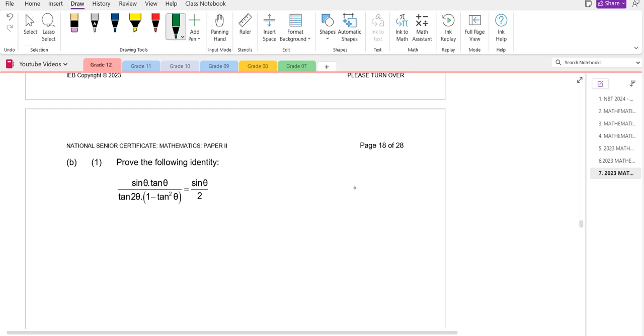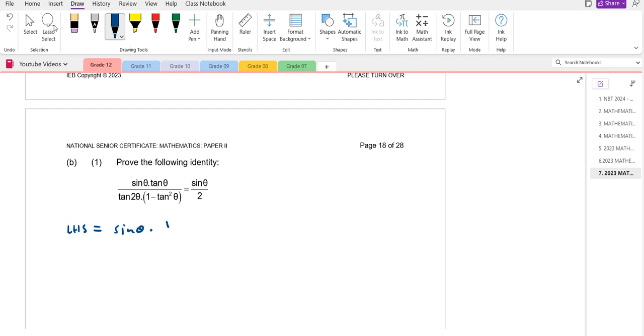Now how can we prove the identity? We have sine theta, tan theta. Whenever you have tan in the denominator, try and write it as a division, in a single line. So we have sine theta times, what is tan theta?